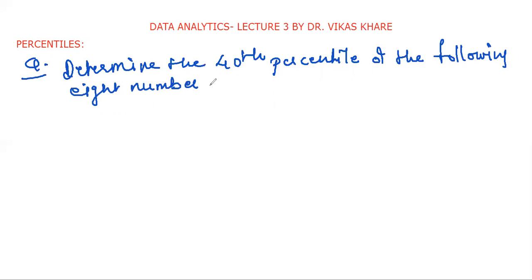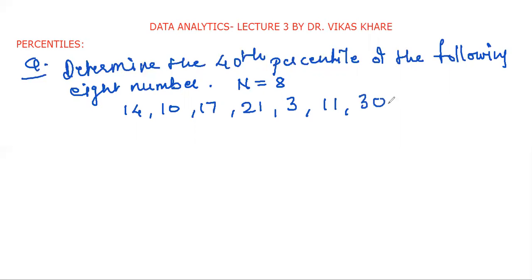So we easily identify that in this case N is equal to 8. The given data set is 14, 10, 17, 21, 3, 11, 30, and 19. So N is equal to 8: 1, 2, 3, 4, 5, 6, 7, and 8.